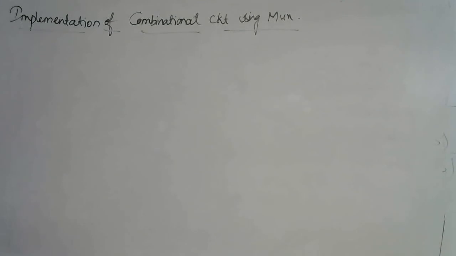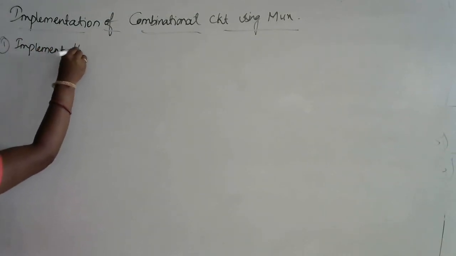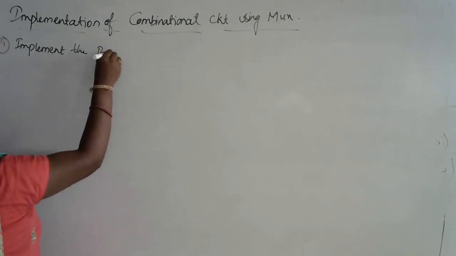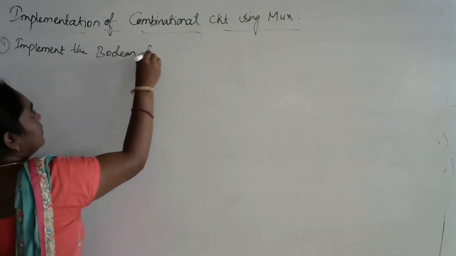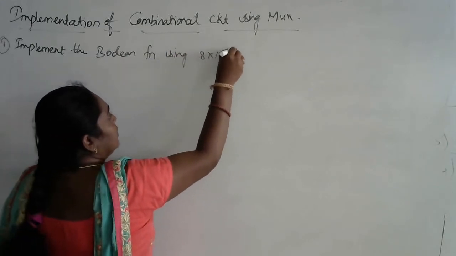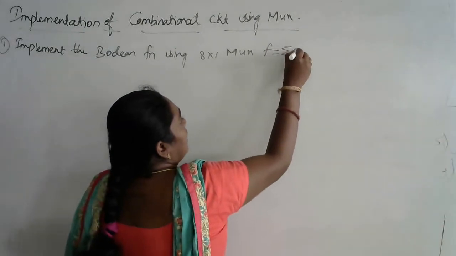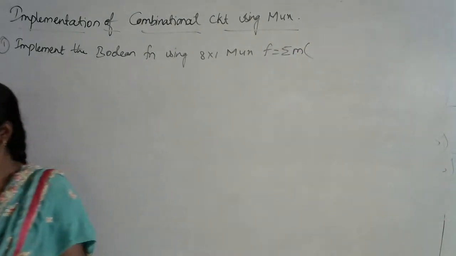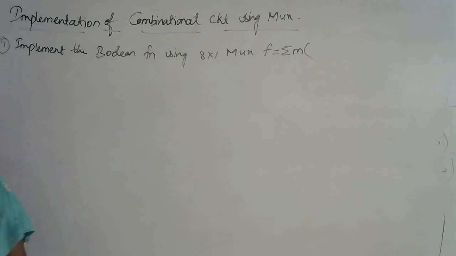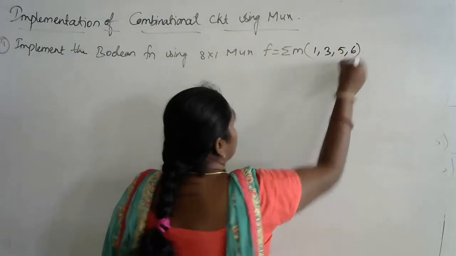Now the question is, implement the Boolean function using 8 by 1 mux, and the Boolean function given is f equals sigma m of 1, 3, 5 and 6.